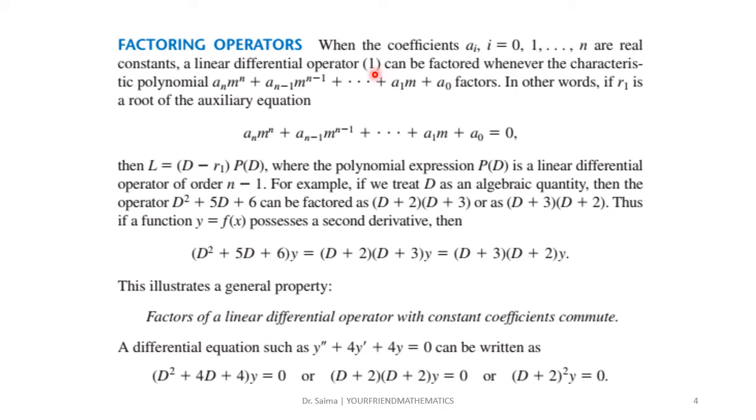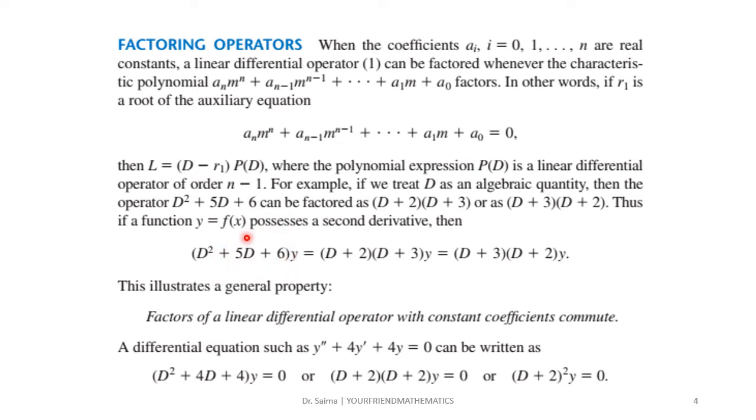We can also factor the linear combination of differential operators, as we factor a polynomial. So let's suppose we have D square plus 5D plus 6, or a differential equation which in the form of a differential operator can be written as D square plus 5D plus 6 applied on y.